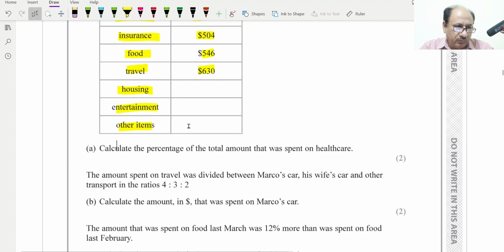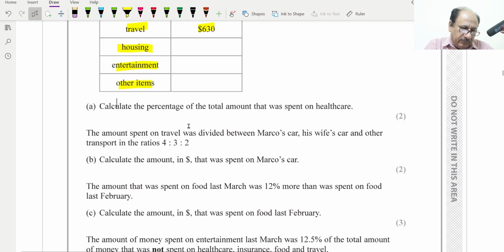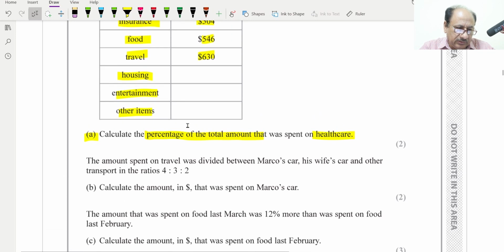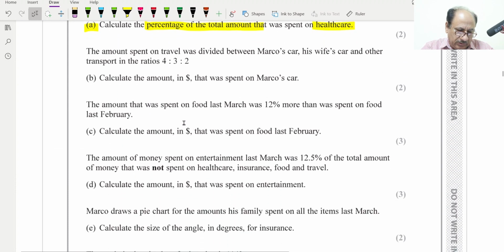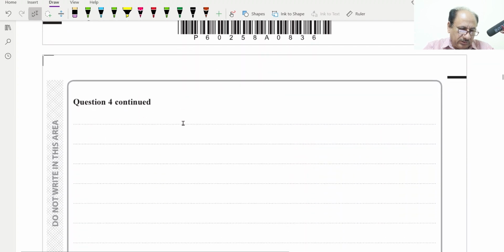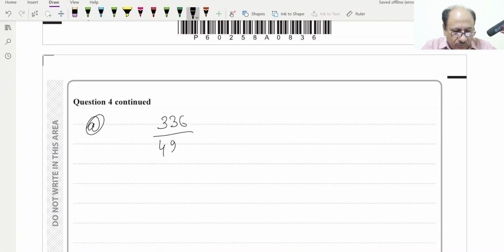Now we have to calculate a part. We have to calculate the percentage of the total amount that was spent on health care. So health care, if we check, is 336. Health care will be what? 336 out of total spending, which is 4200, multiplied by 100.